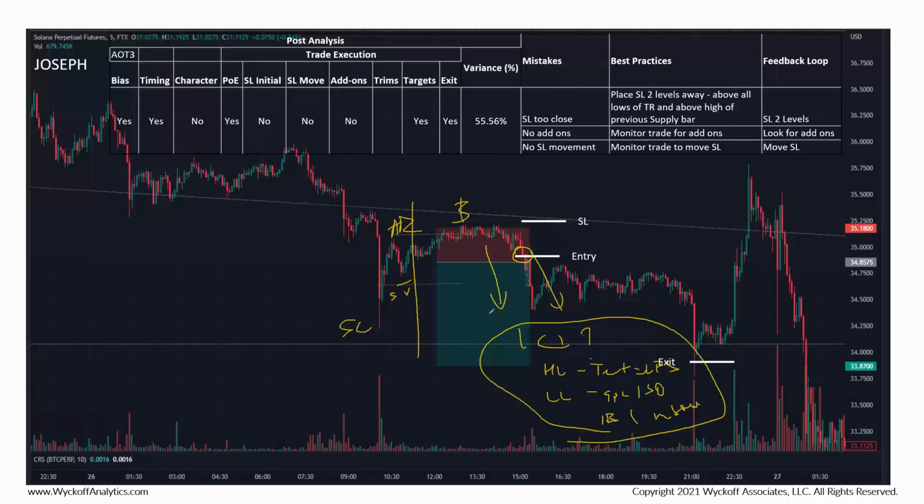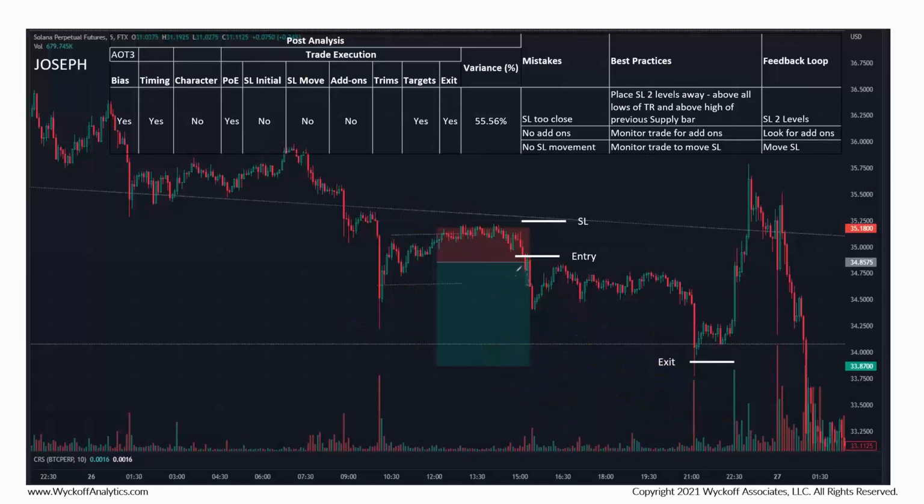So this is the spot where you don't have to be directionally correct, but you have to be structurally correct, understanding the structure. And here we are traveling to the downside.